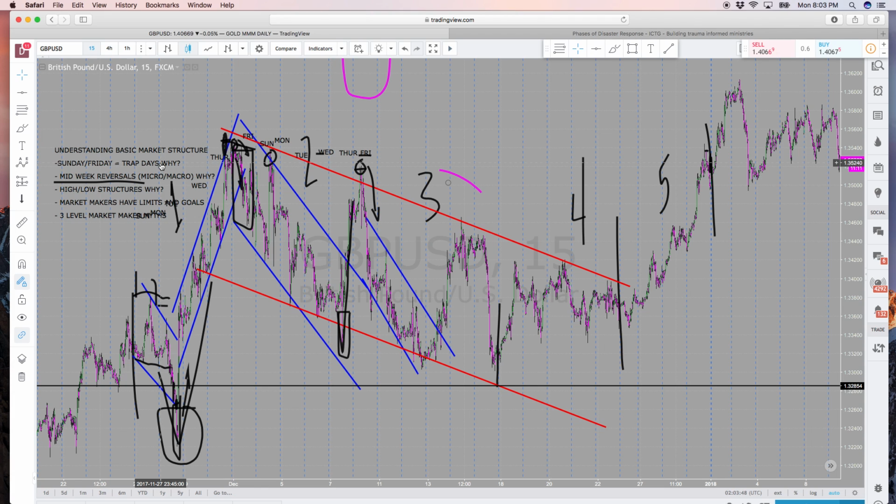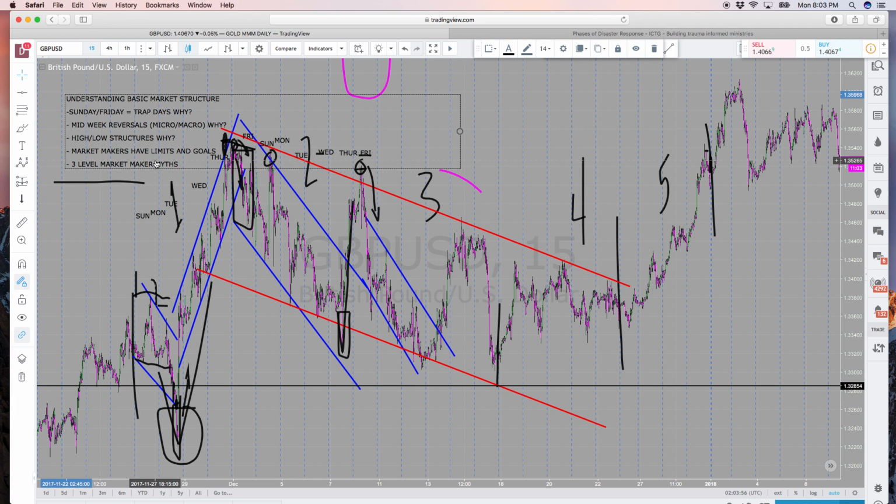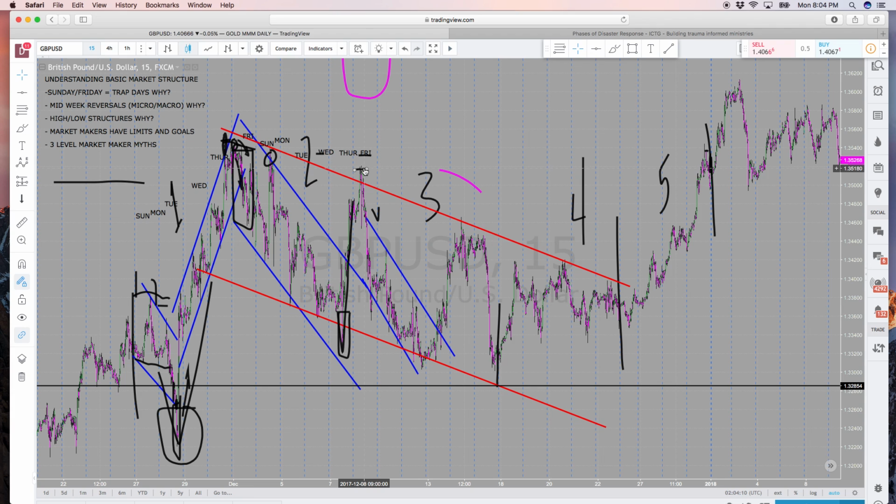And that's why I stopped believing in these different myths about the market, for example, the 3 levels and whatnot. And now I'm going to show you guys why there are sometimes 3 levels in the market.